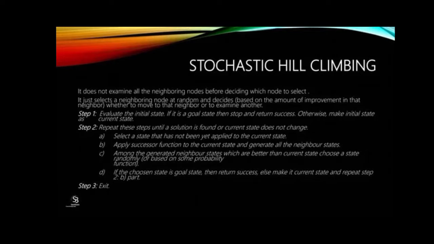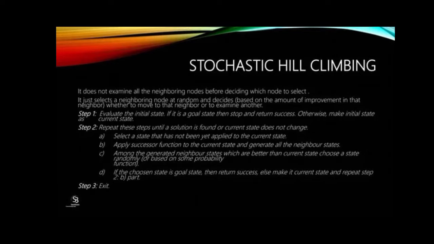Step 1: evaluate the initial state. If it is a goal state, then stop and return success, otherwise make the initial state the current state. Next step: repeat this step until a solution is found or the current state does not change.